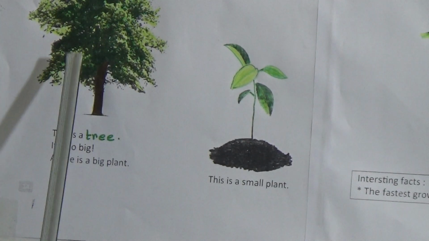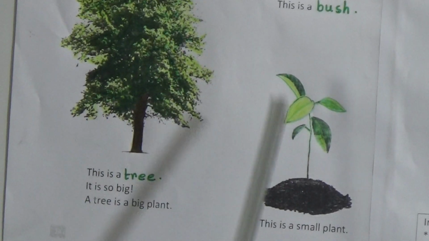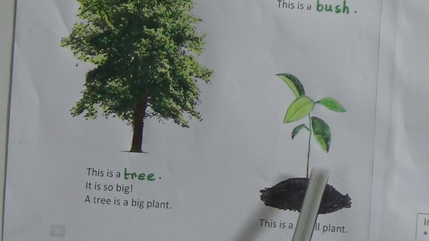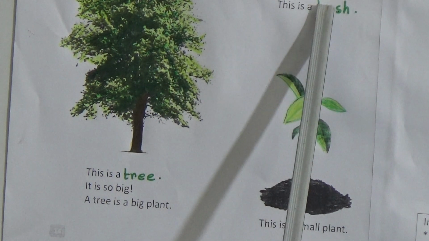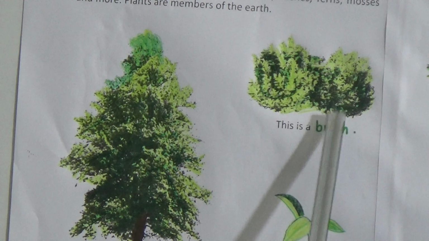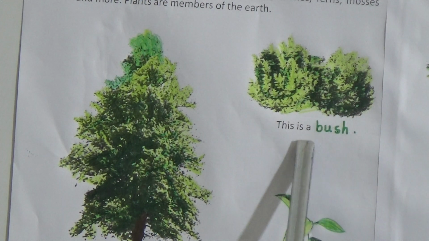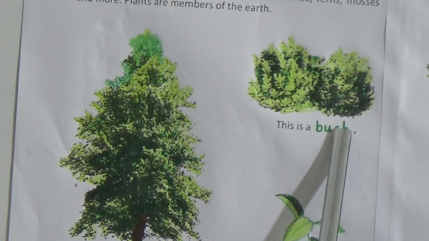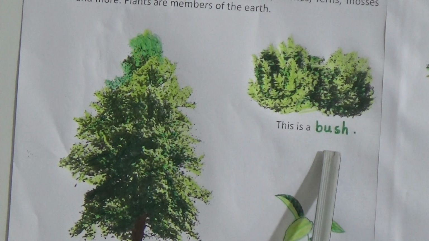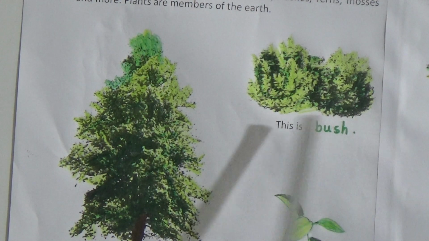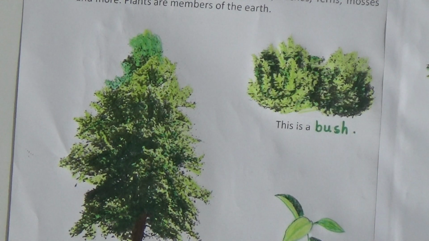This is a big plant, and this one is a small plant. And this is a bush. Bushes have many branches from the base of the stem. So this is called bush.